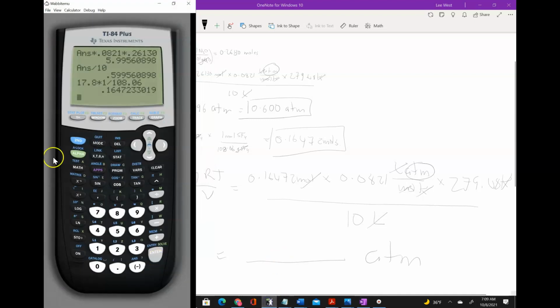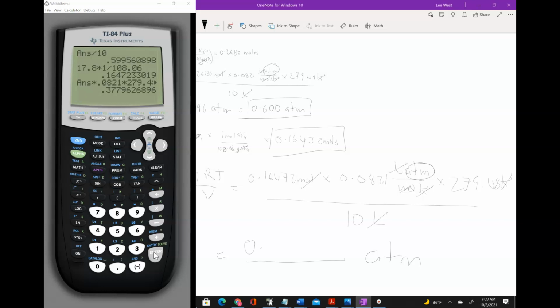So go back to my calculator. Got my moles there. I'm just going to take that answer, times it by the ideal gas constant, times by my temperature, divide by my volume, and bingo.